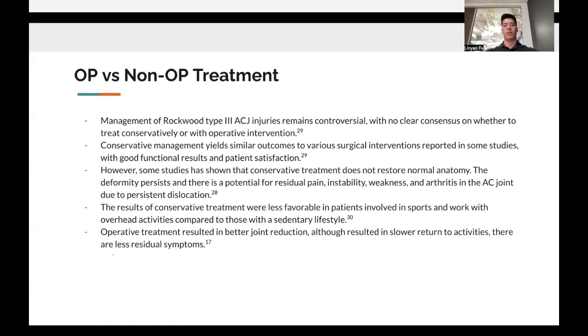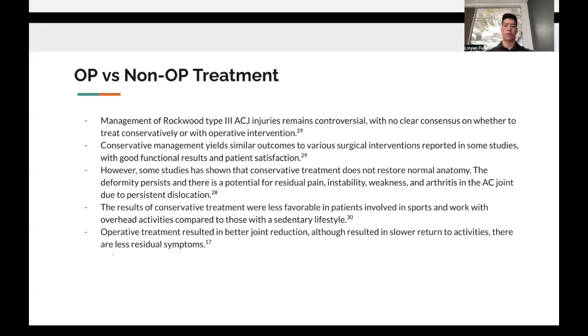In some studies, they found that conservative treatment yields similar results compared to surgical treatments, with functional improvements and also patient satisfaction. But other studies show that conservative treatment is inferior to surgical treatment because it doesn't fully restore the anatomy of the ligament.